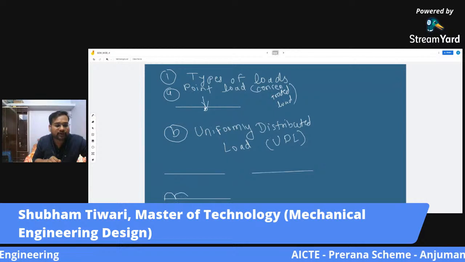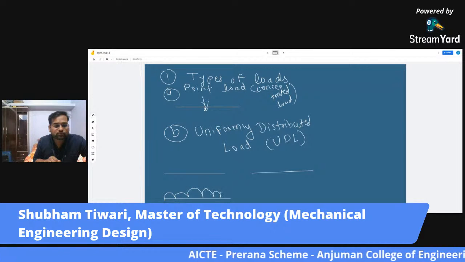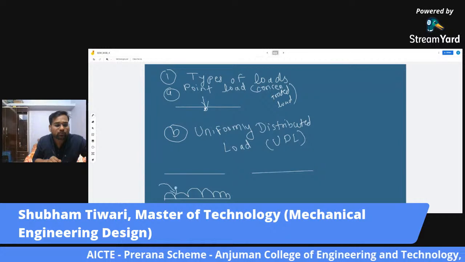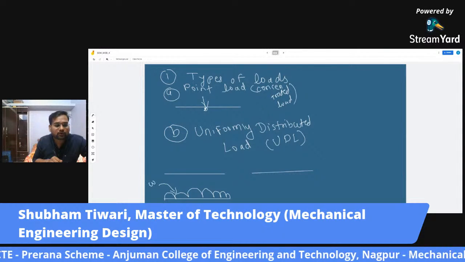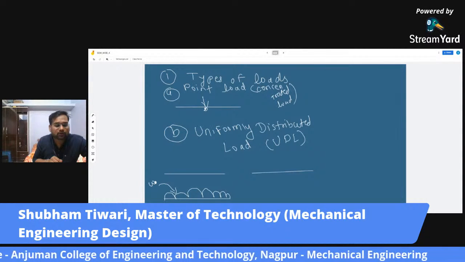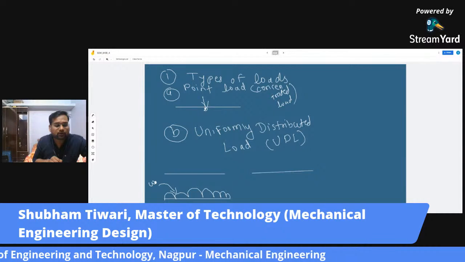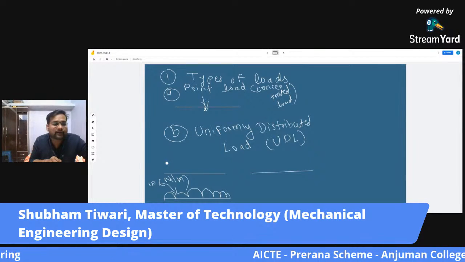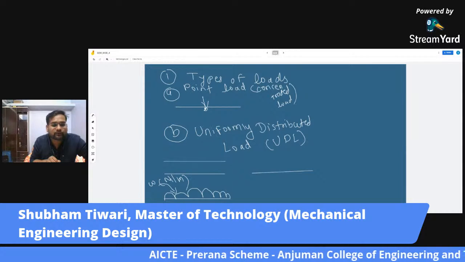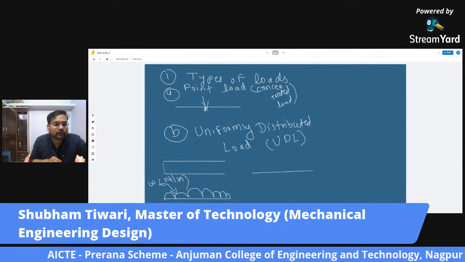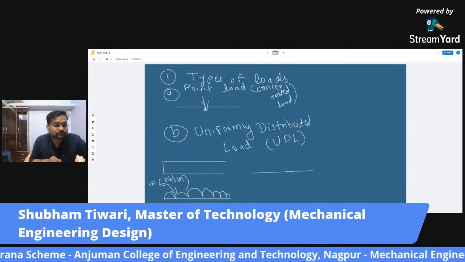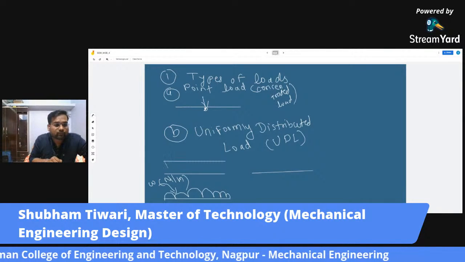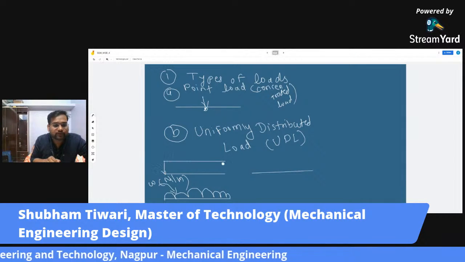For example, the first one is like this, small w Newton per meter. Now, this is one way to represent it. This way is important because of one thing I will tell you. I hope you have seen it in your exams as well.